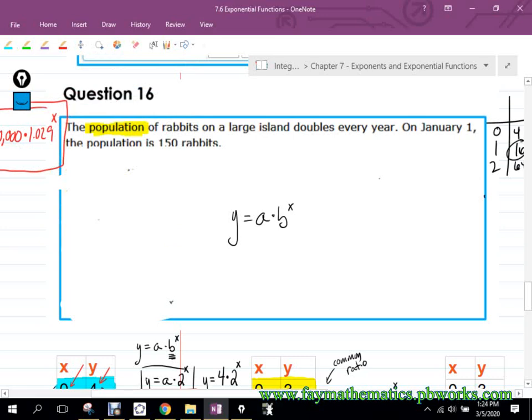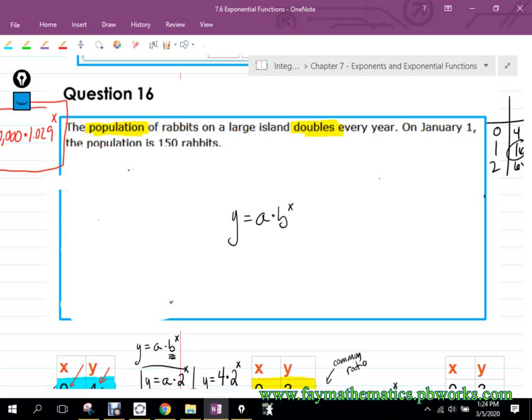It should send a light bulb off and say, that's probably exponential. Then it says it doubles. So whenever it says something like doubles or triples, or gives you a rate of increase like 2.9%, or something like that, or 20% from our homework, that is an identifier that this thing's going to be exponential.